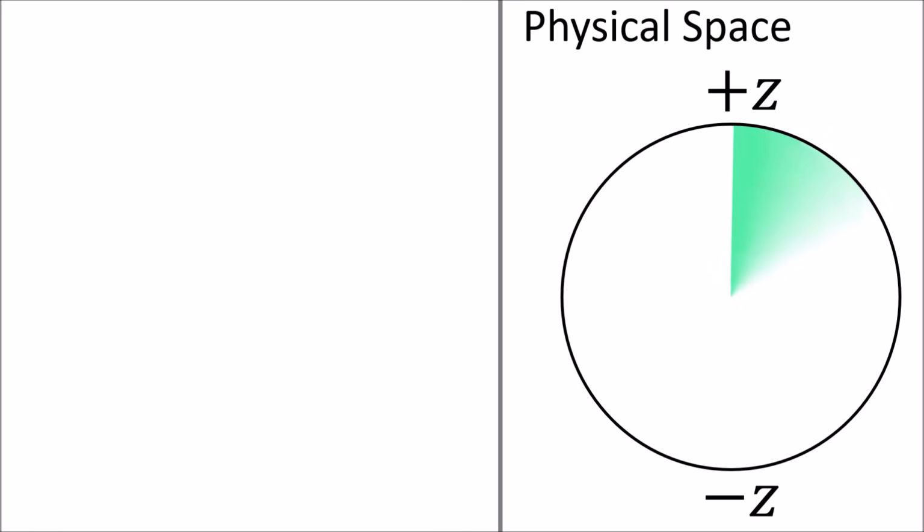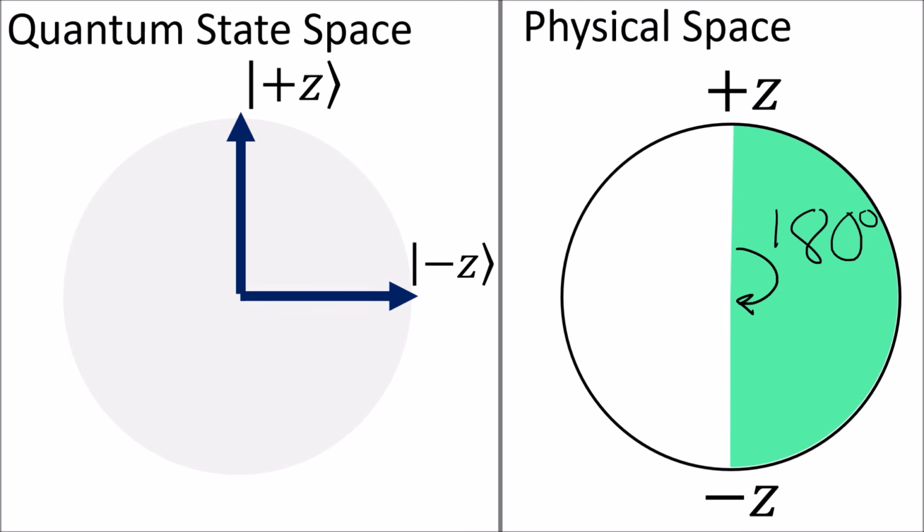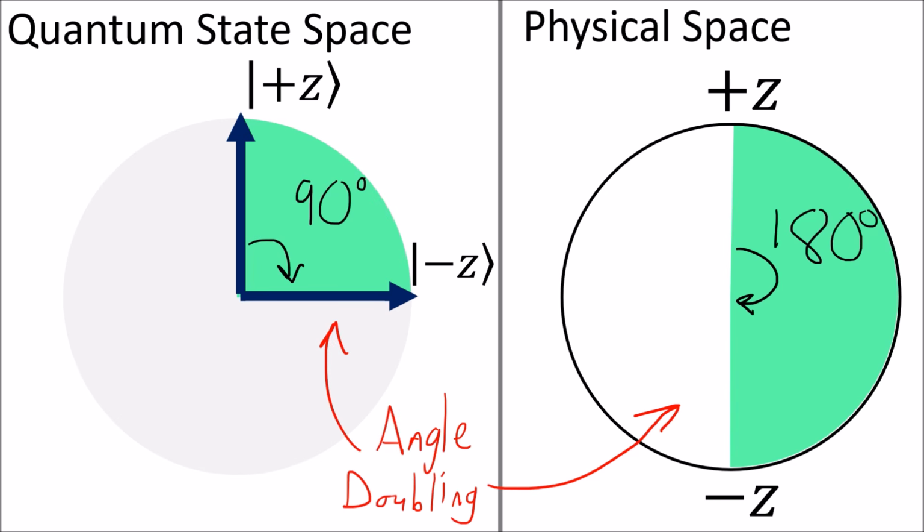So in physical space, up and down are separated by a turn of 180 degrees. But in our quantum state space, where the particle spin states live, the spin up and spin down states are orthogonal, so they are 90 degrees apart. So we're already starting to see that there's an angle doubling relationship between physical space and the quantum state space.